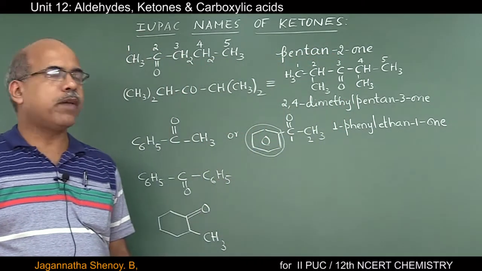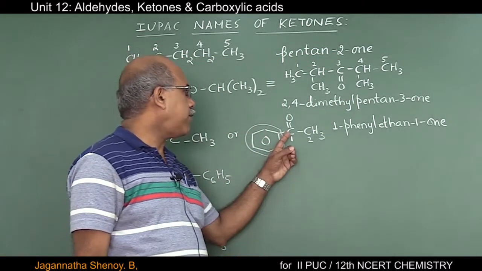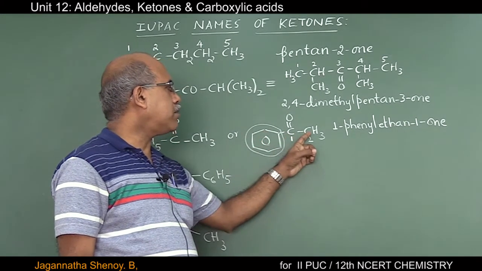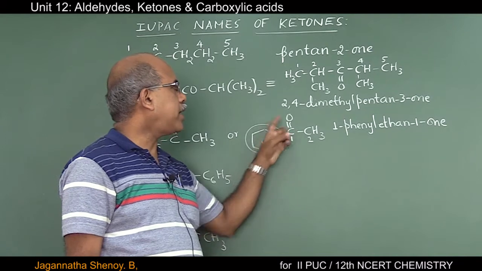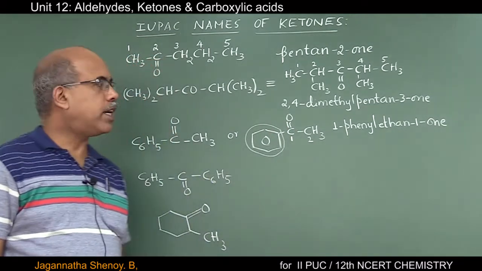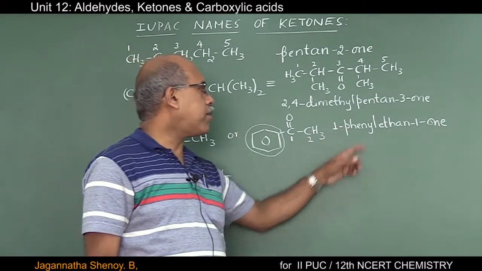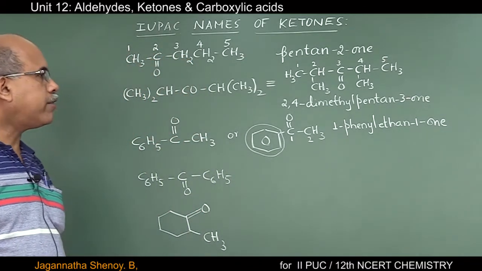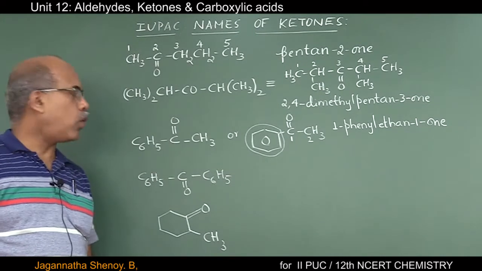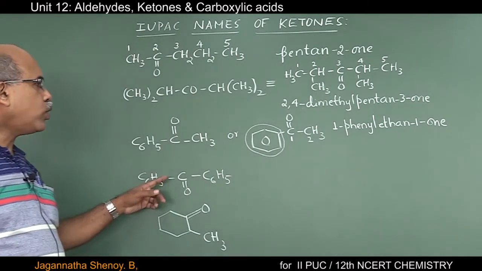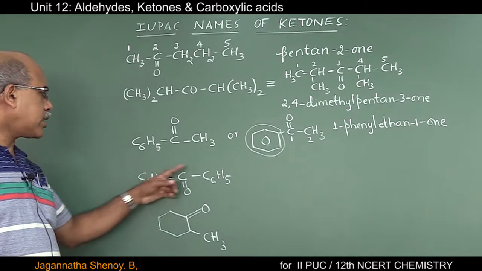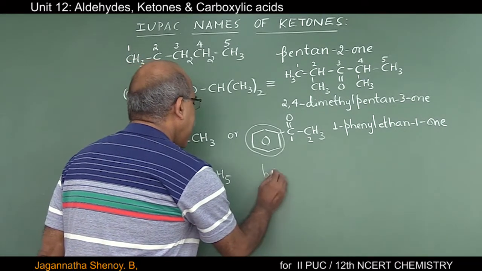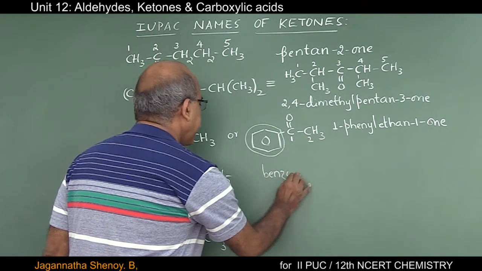So what is the IUPAC name of this compound? On the first carbon atom you have a phenyl group. There are 2 carbon atoms, ethane. On the first carbon atom we have a ketonic group. That's why one IUPAC name of this compound is 1-phenylethanone or 1-phenylethane-1-one. Let's go to the next compound. For the next compound, benzophenone itself is the accepted IUPAC name.